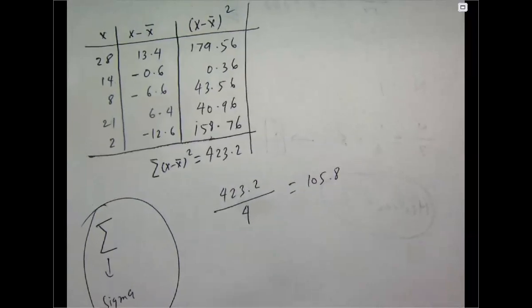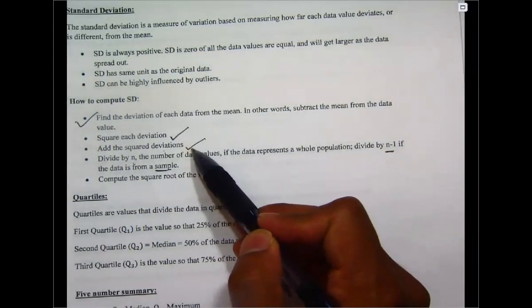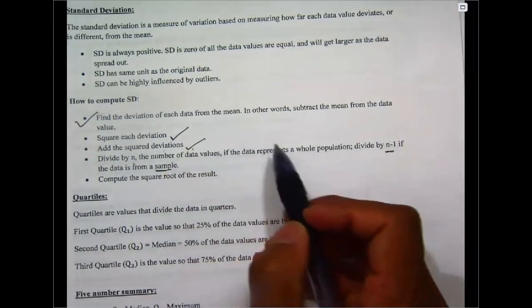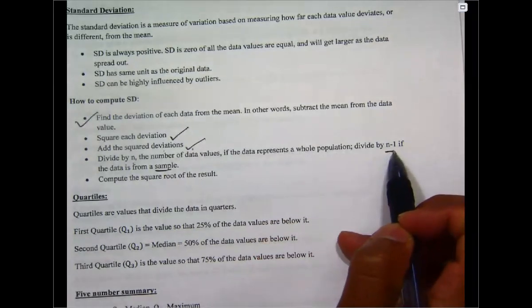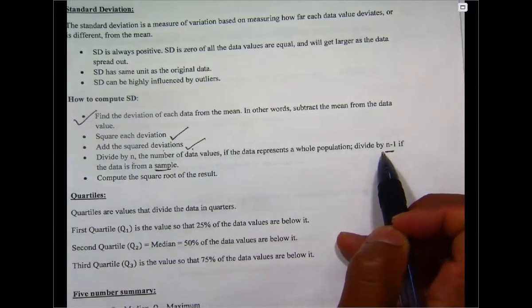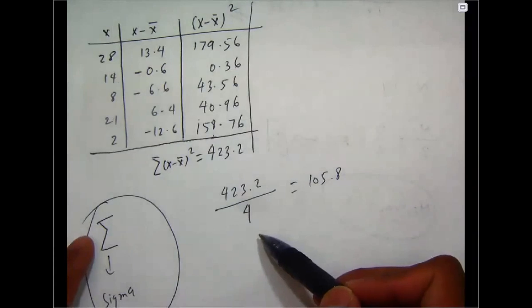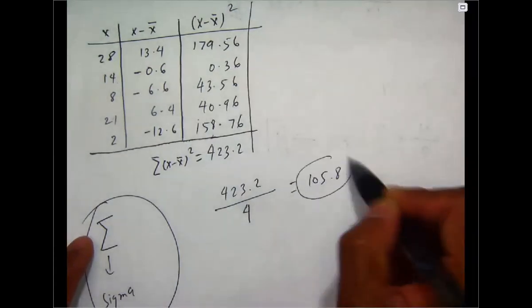If you check your notes, it says after adding the square deviation, you divide by n minus 1 if you are working with a sample. And n is the total number of data. There are 5 data, so 5 minus 1 is 4. That's why you divide by 4. And that is the number you get.